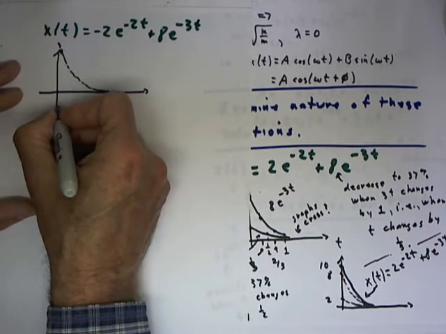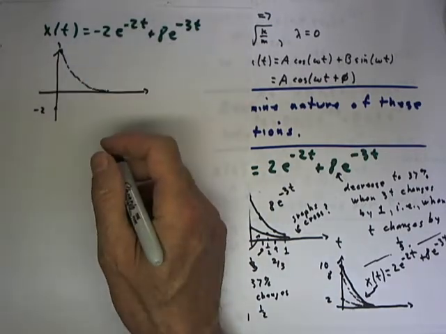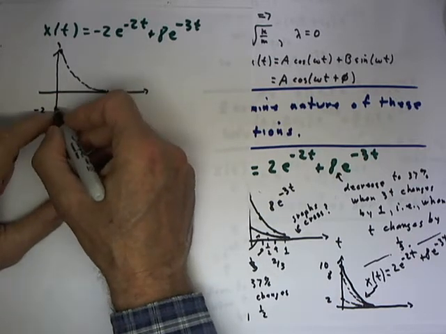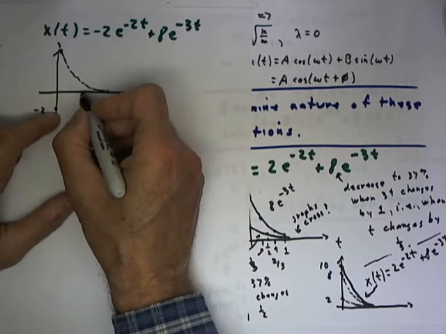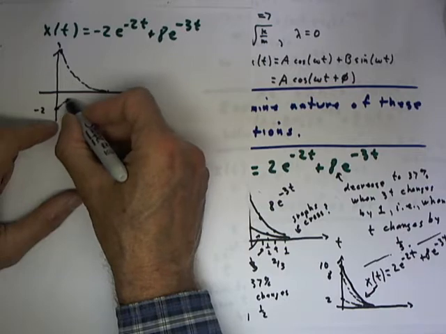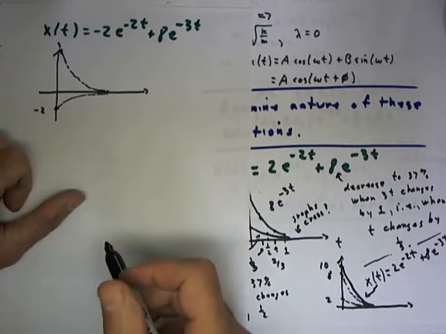The function negative 2e to the negative 2t is going to approach more slowly, in the sense of taking longer to approach within that 37% distance, so that this function will look something like this.